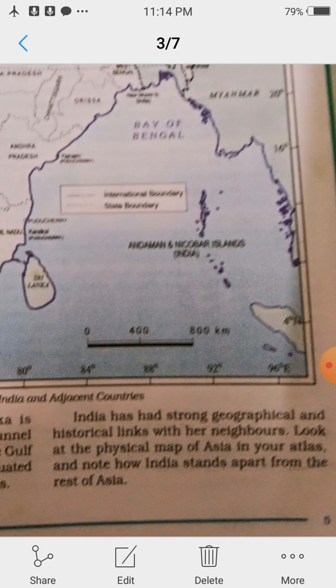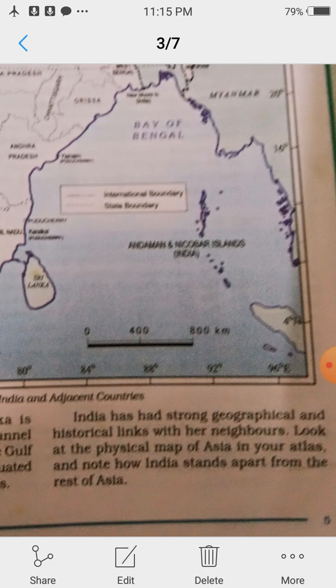There is a strong geographical and historical link with the neighboring countries of India. So India stands apart from the rest of Asia.